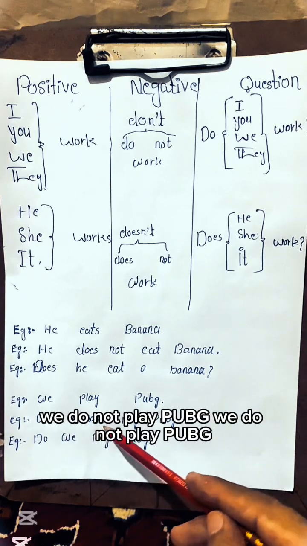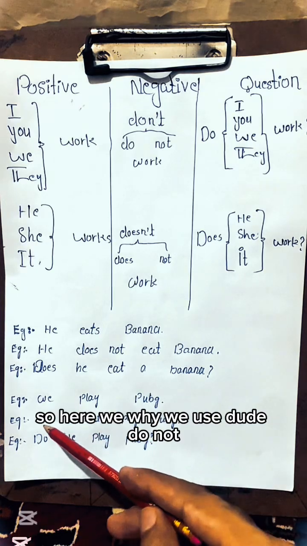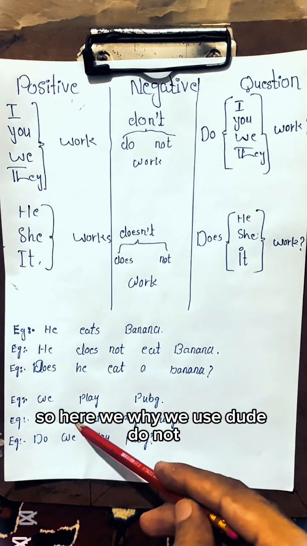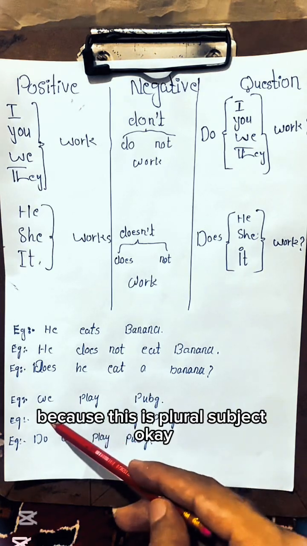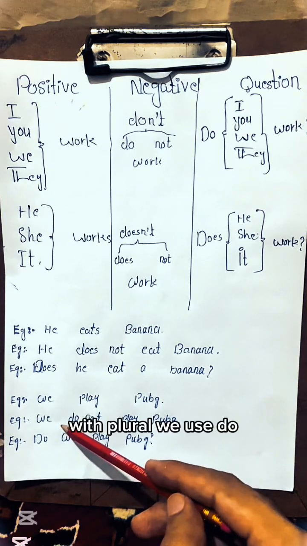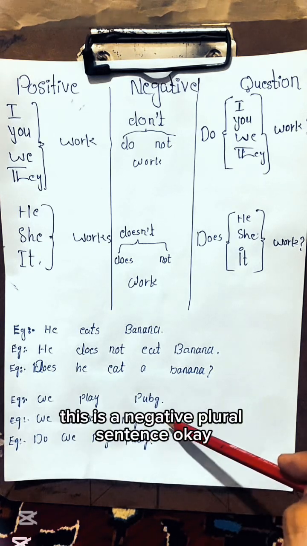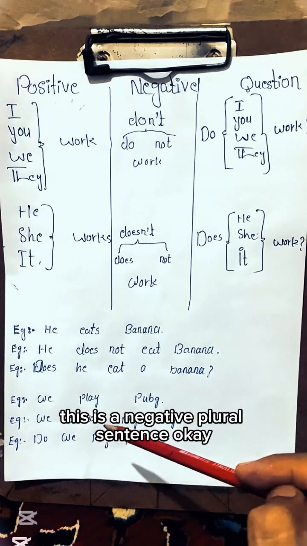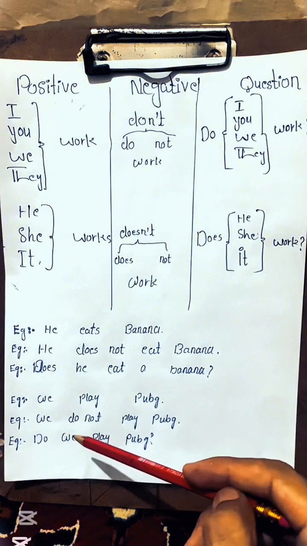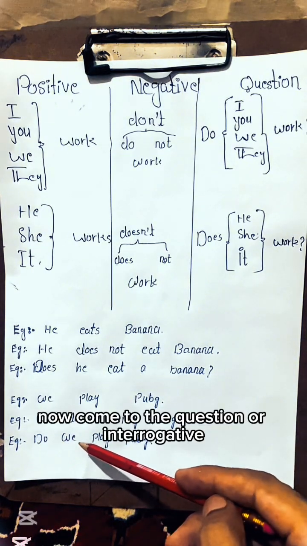Now let's come to the negative. We do not play PUBG. So here, why do we use do not? Because this is a plural subject. With plural we use do not. This is a negative plural sentence. Now come to the question, or interrogative.